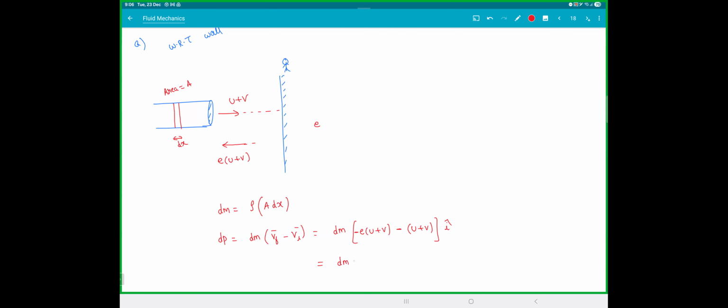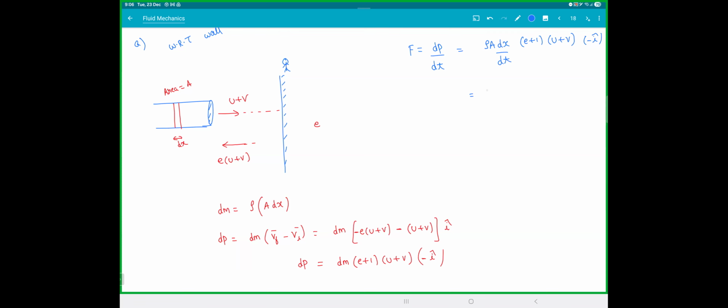That will be dm into (e plus 1) into (u plus v) in the minus i cap direction. That's your change in momentum. And we know from Newton's second law, force is nothing but dp by dt. And dm is nothing but rho A dx, so force is rho A dx by dt into (e plus 1)(u plus v) in the minus i cap direction.